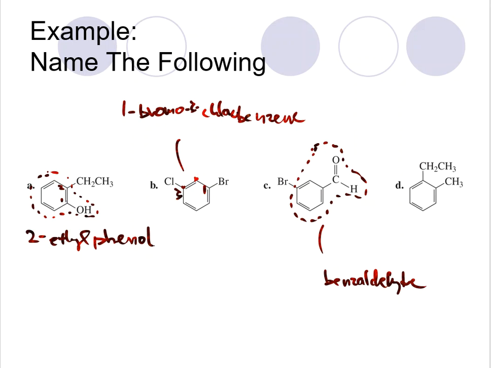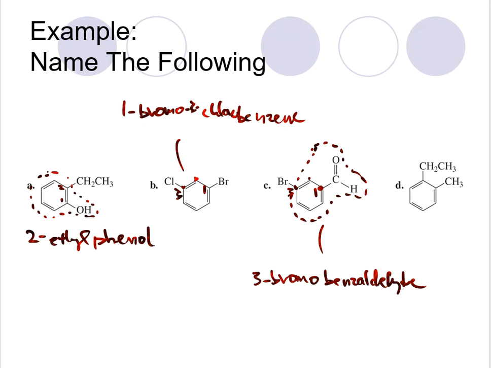That's the one that they made the mistake on in the text, benzaldehyde. So if I call this benzaldehyde, that by default gives me spot 1 right there. So this is spot number 2, and the bromo would be spot number 3. So this is a 3-bromobenzaldehyde. It's also a meta. For part B, that was also a meta.